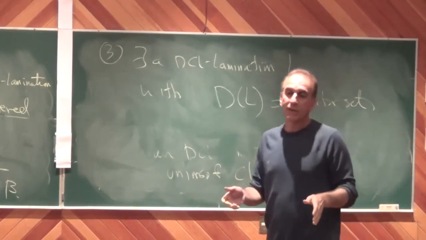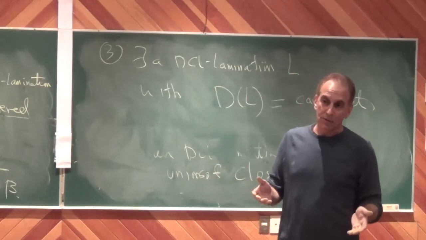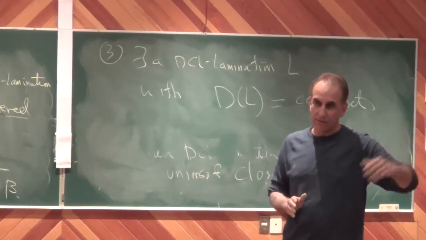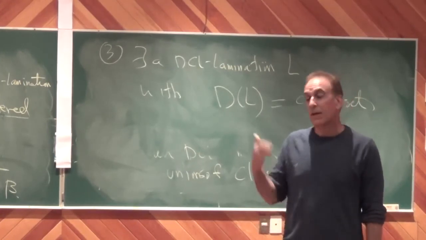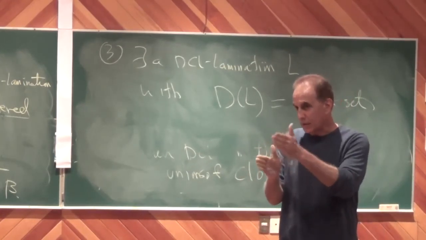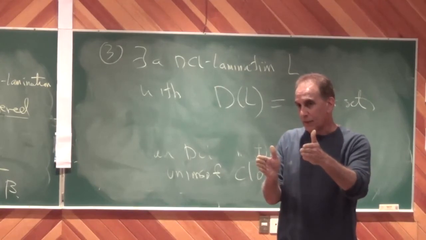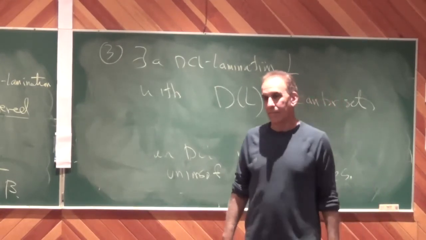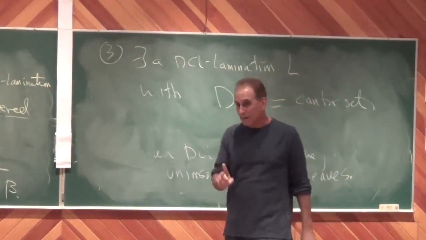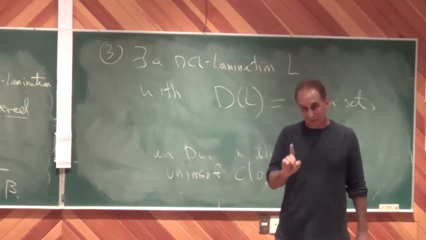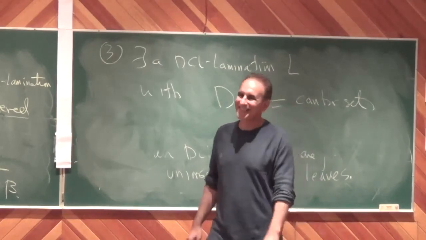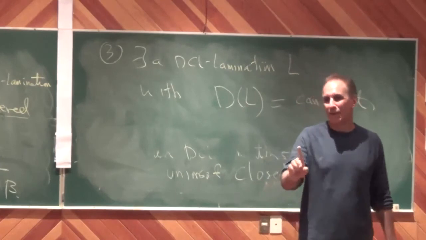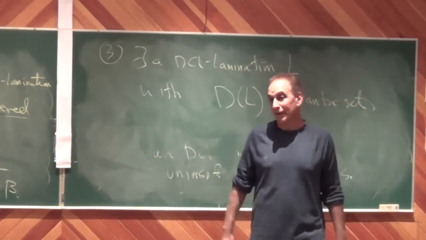Now you might have an issue with that not being complete, but then you can do other things for complete guys so that that limit does exist. But they're not maximal in the sense that you're just looking at these closed leaves, and so you could always stick in something that spirals. But you could ask for maximal DCL. Maximal DCL is sort of like a generalized pants decomposition.